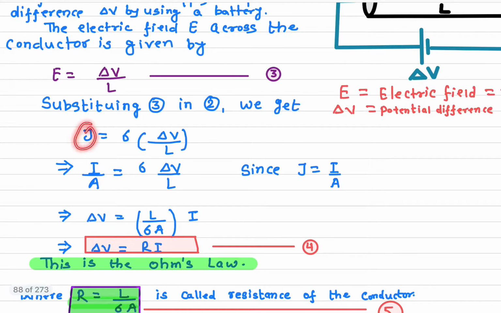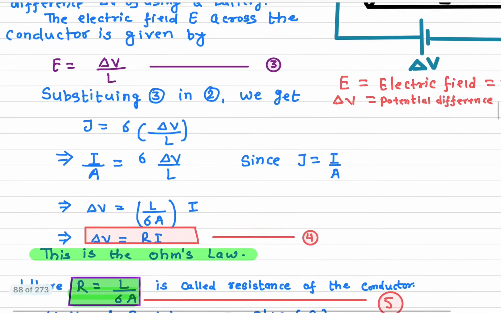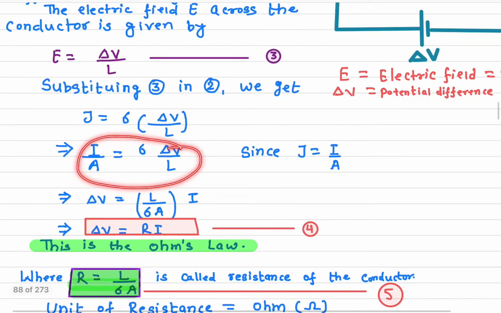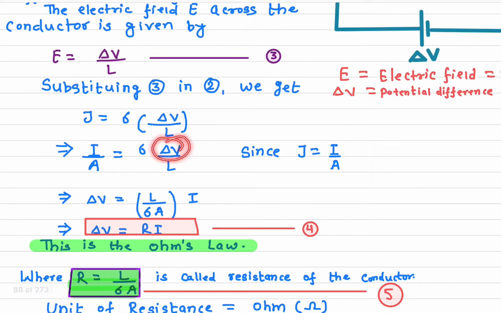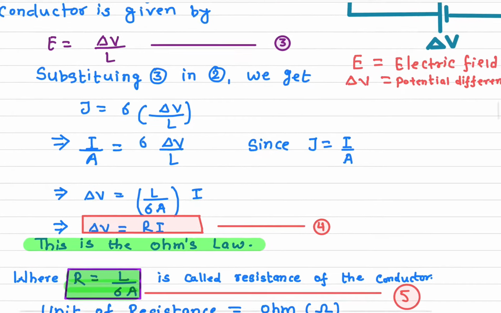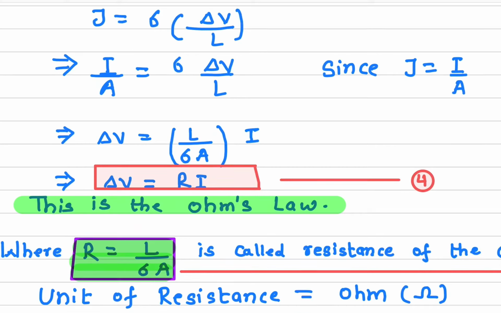So I'm simply writing J as the current per unit cross-sectional area, equal to sigma delta V over L. And I'm solving here for delta V. The delta V is now, in fact, L over sigma A times I. So we have L, sigma, and A, which I'm just putting together, and this is I, the current.